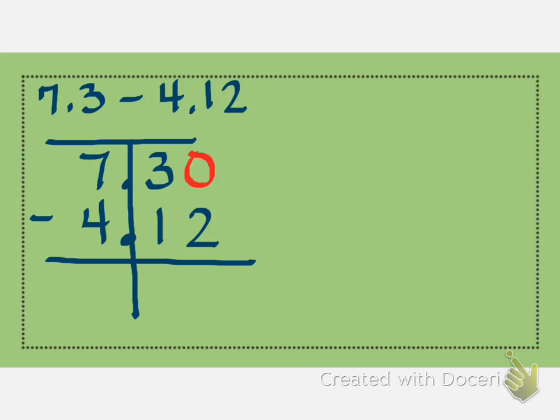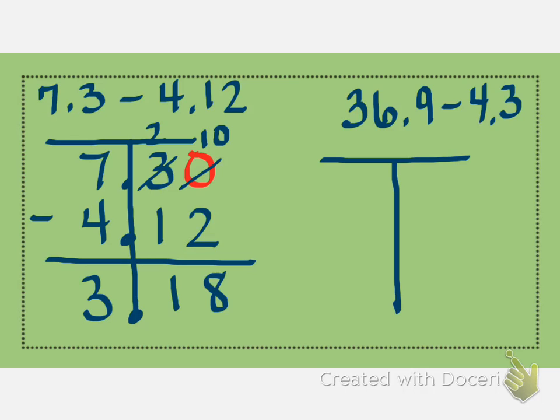So I'm going to place a 0 there, and then I'm going to go ahead and do my subtraction just like I normally would. So you will regroup just like you always do, cross out my numbers and make a 10 and so on. So I've got all my regrouping done, and then I'm going to go ahead and subtract. So with that problem, I get an answer of 3 and 18 hundredths.